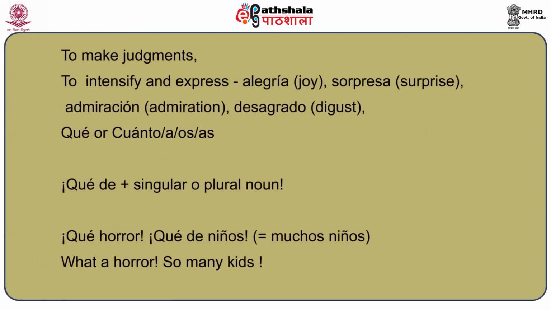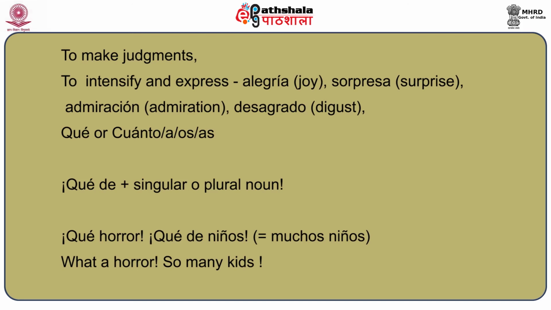To make judgments, intensify and express different emotions like alegría, joy, sorpresa, surprise, admiración, admiration, desagrado, disgust, you can use the following constructions with que or cuanto, cuanta, cuantos, cuantas.